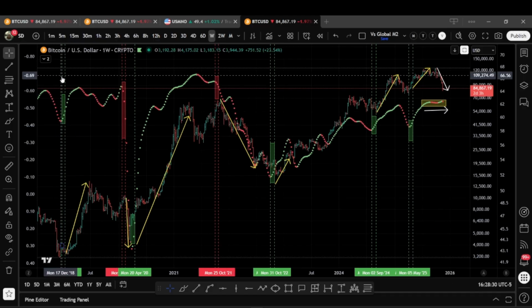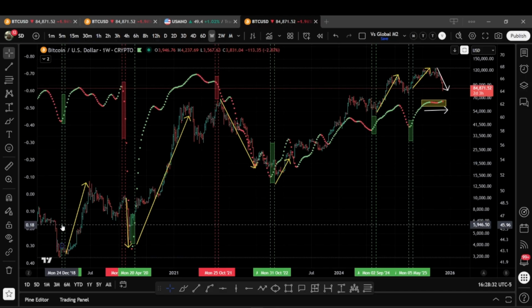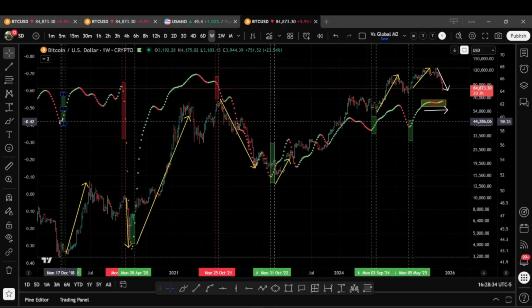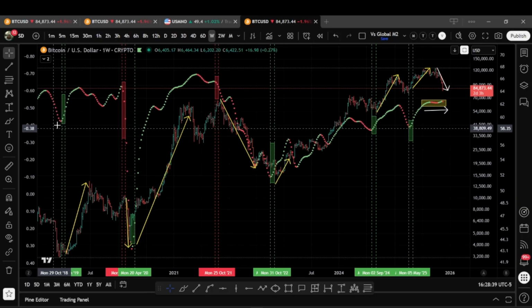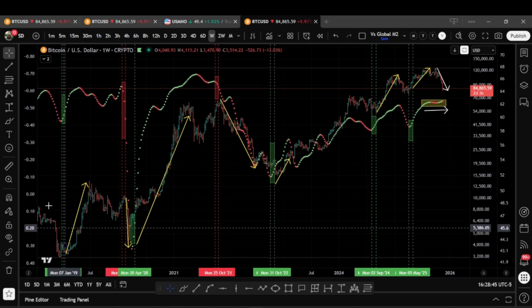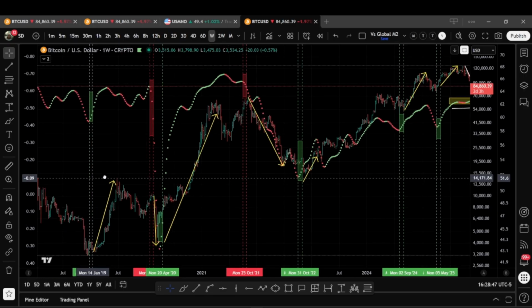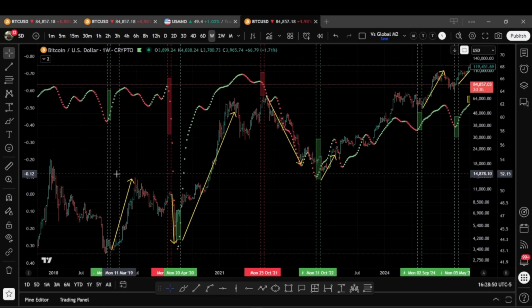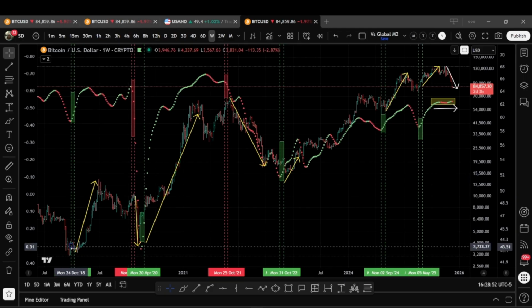This first green vertical line, we can see that it turned from bearish momentum to bullish momentum. 4 weeks of bullish momentum, put in my next green line, that would have shown us that there is a reversal coming out of this bear market heading into the next bull market.